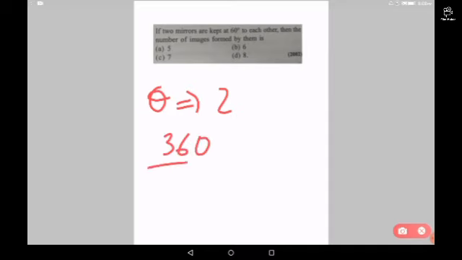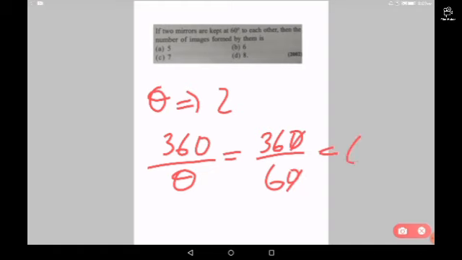So for this we have the formula: if theta is the angle between the two mirrors, the number of images formed will be equal to 360 by theta. So if there is a 60-degree angle between them, that will be 360 by 60, or 6 images. That is B option.